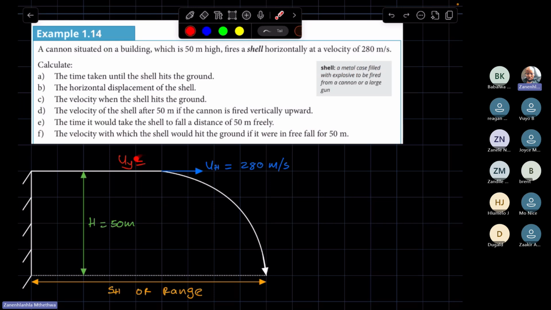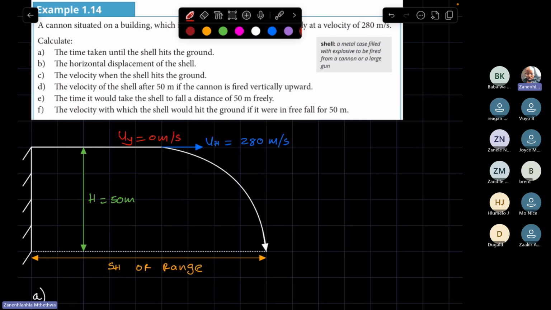What is it equal to at this point? If this is shot horizontally, and then falls to the ground or falls to its destination, what is Uy going to be equal to? 0 meters per second. Yes, that's 0 meters per second. So we also essentially have that. Now the question is, calculate the time taken until the shell hits the ground.